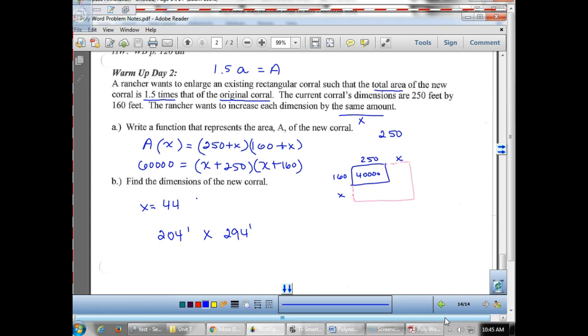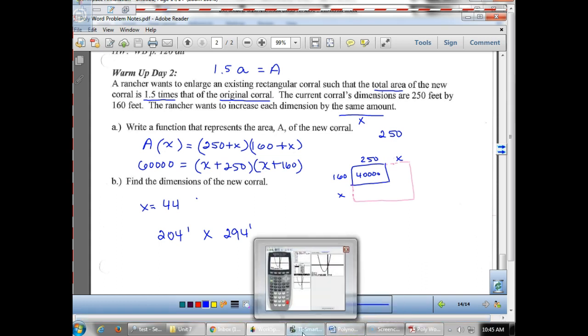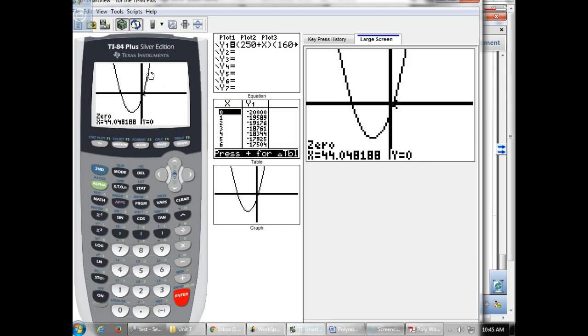Now, when we go back to the graphing calculator, because this is sort of like blending word problems with inequalities, I want you to think, what is happening with all of these x's? Anything larger than 44, what's happening? Very good. The area is more than what was requested.